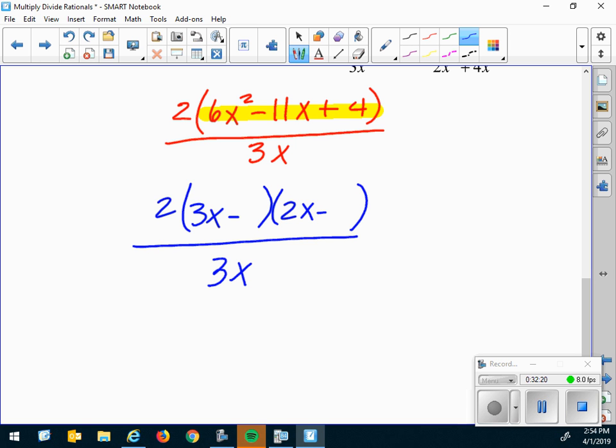We need an 11. 4 on the first one and 1 here. Okay, let's see. Outer gives me negative 3x. Inner gives me negative 8x. Now, if I multiply the last terms, does that give me positive 4? Yes, so we've got it factored.